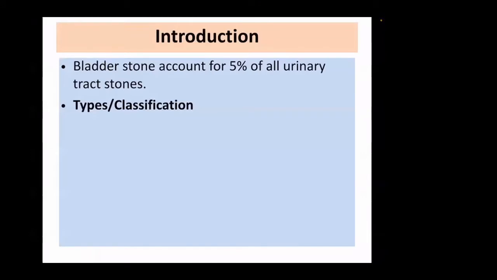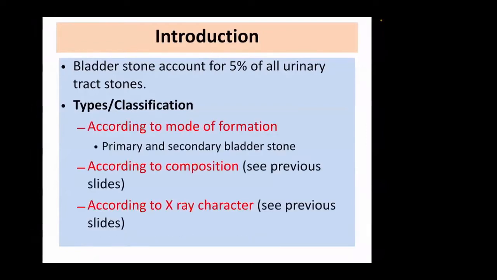See, bladder stone is not as common as kidney stone. It accounts for around 5% of all urinary tract stones, and a lot of the basics of bladder stone are similar to kidney stone or ureteric stone, like the composition: oxalate, uric acid, calcium and non-calcium stones are the same.